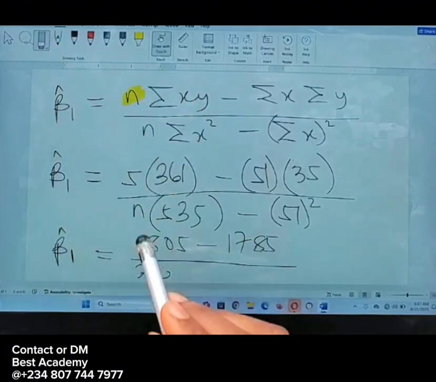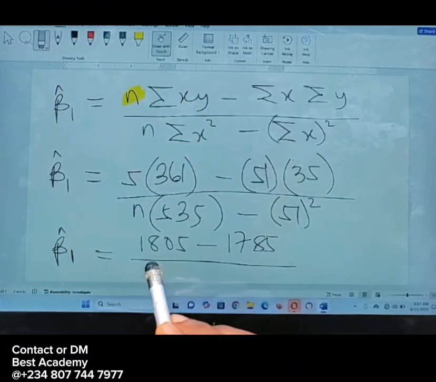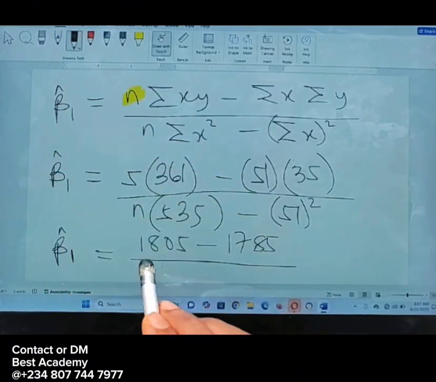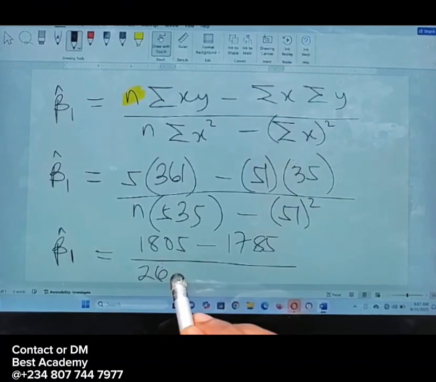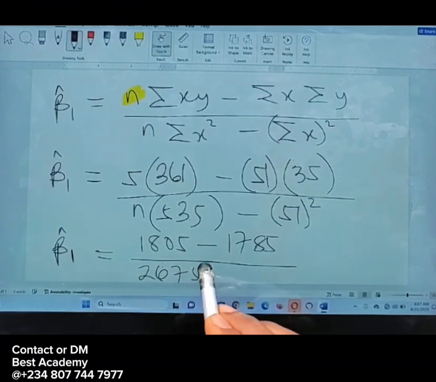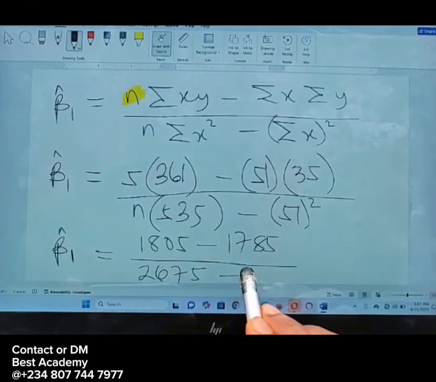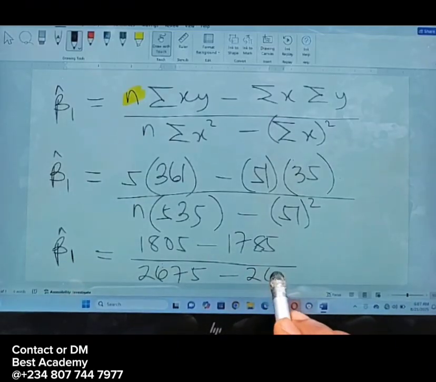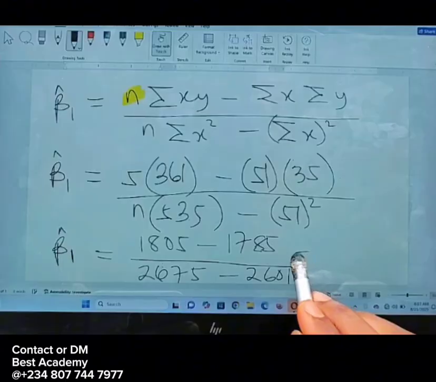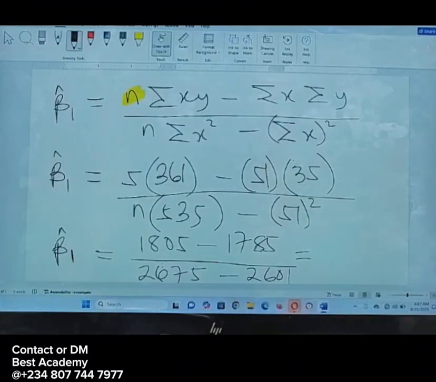That is 2675 minus 51 all squared. 51 all squared means 51 times 51. That is 2601. Okay, so we subtract and divide.